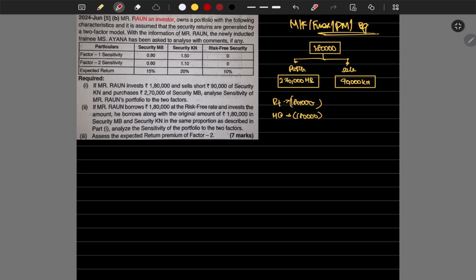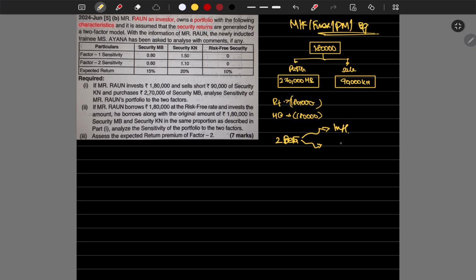Mr. Ran, an investor, owns a portfolio with the following characteristics, and it is assumed that the security returns are generated by a two-factor model. What they are saying is security returns have two factors, which means two different betas, two different risks. In real life, this is the actual scenario.